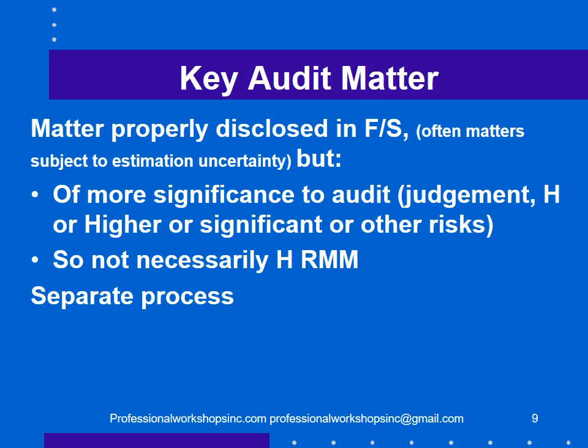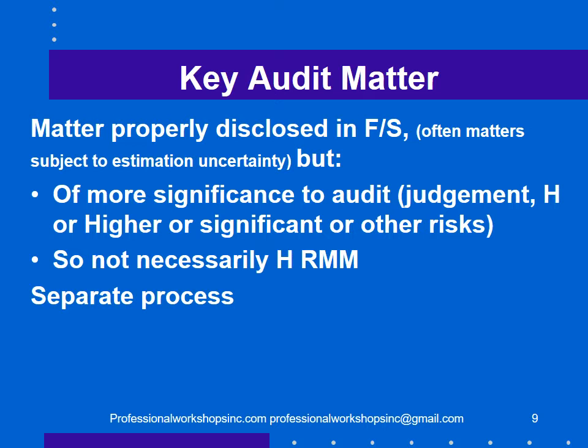The other thing new is a key audit matter, and this is kind of different and separate. It's probably something that's already properly disclosed in the financial statement. Often these are going to be matters subject to significant estimation uncertainty, but they're numbers properly disclosed in the financial statement. The estimation uncertainty is disclosed.